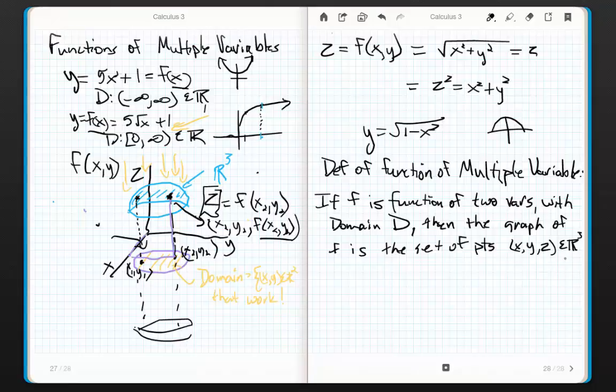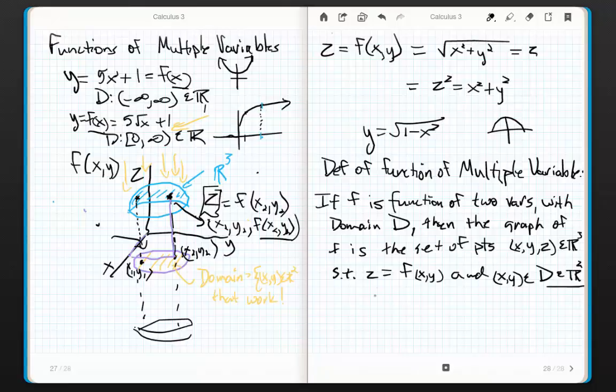We're not afraid of that notation, right? It just means it lives in three-dimensional space, such that z equals f of x, y and x, y is an element of the domain, which is also an element of R2. I added that.